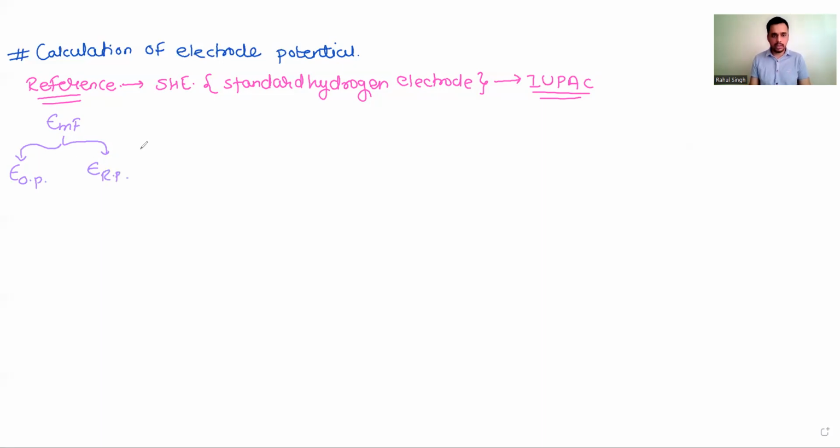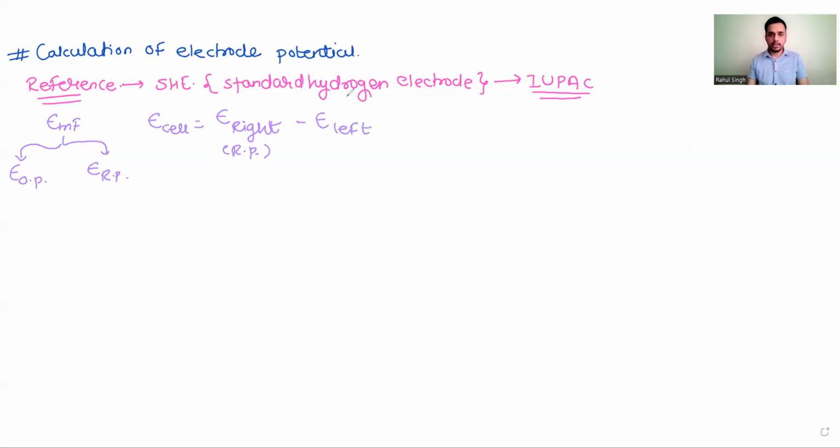E cell is nothing but E of the right side, where on the right we always take the reduction potential, minus E of the left hand side.